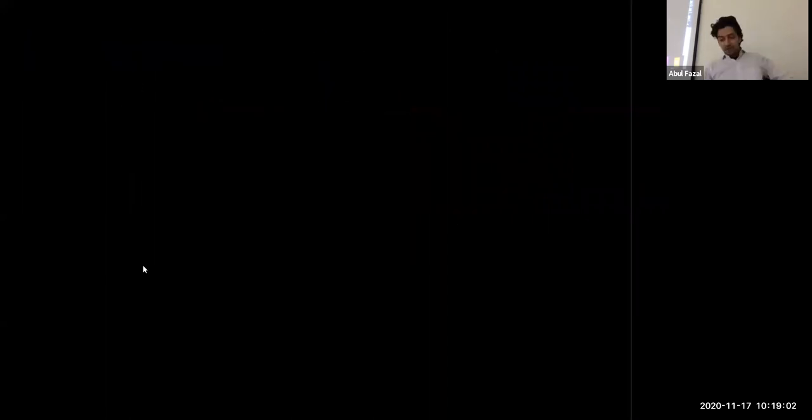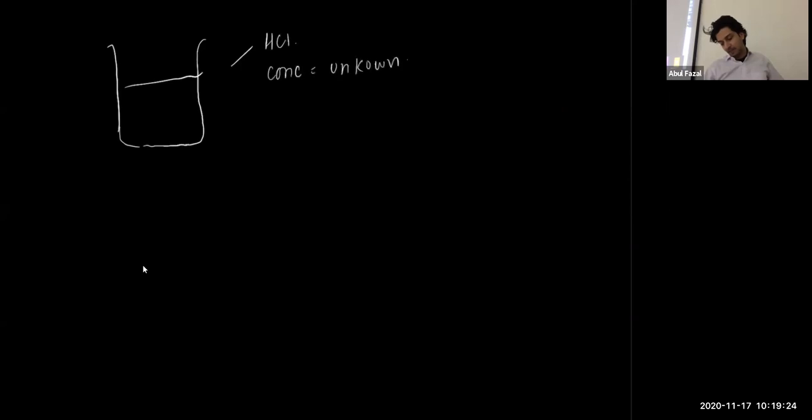Here's a challenge for you guys. I have a beaker of an acid. The acid is hydrochloric acid, concentration unknown. The volume in the beaker of this acid is 100 centimeter cube.